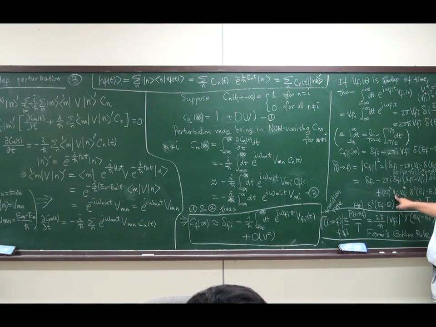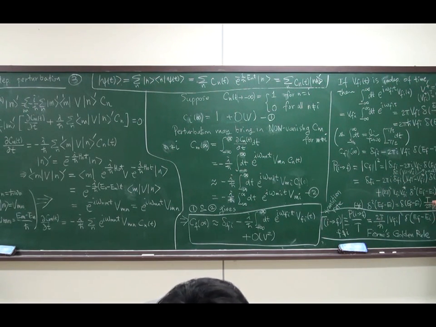And then it becomes positive, and 2 pi squared, the absolute value squared of the potential matrix element, and delta squared appears. And delta squared is actually delta(E_f minus E_i) times this vector. Let me explain later over there.